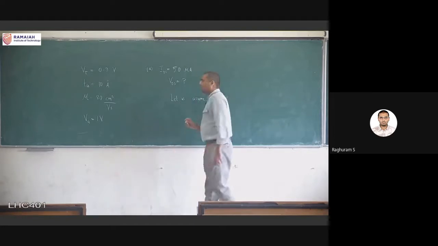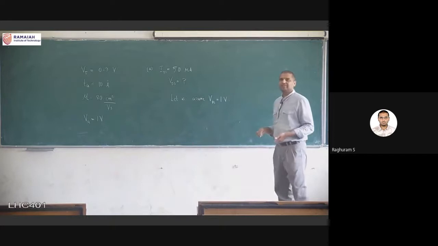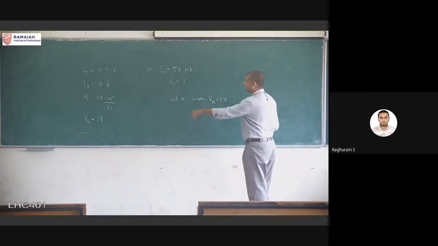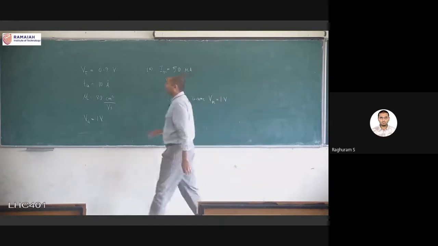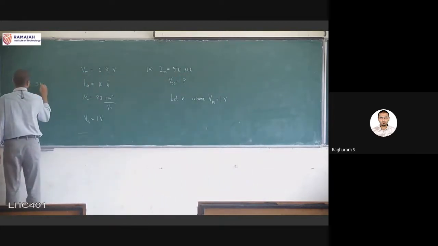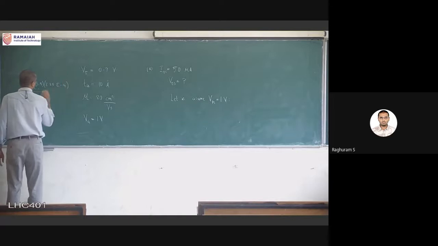Then automatically the transistor is in saturation, and we have the current equation. I have to calculate C oxide also. So C oxide will be 3.9 times 8.85 E minus 14 divided by 10 into E minus 8.